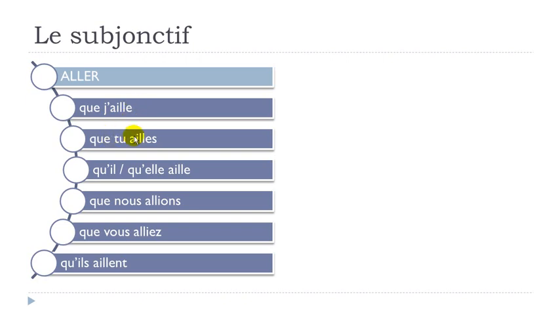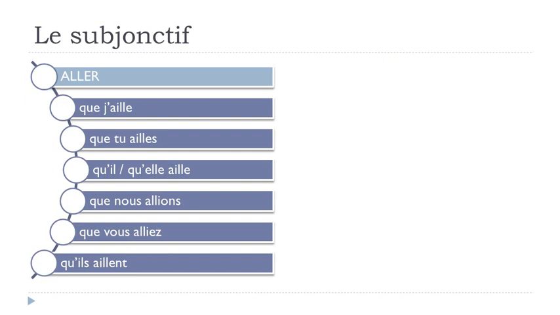And that's the difference here: allions. Que vous alliez. I don't make the liaison just for you to listen carefully, but if you want to, you can make the liaison.